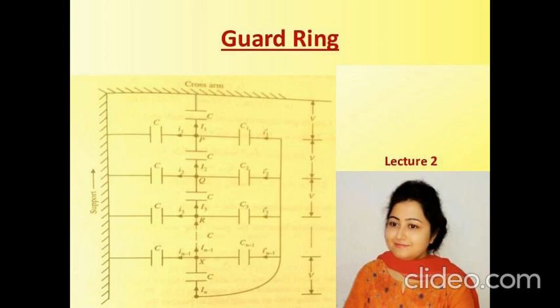It is then possible to cancel the pin to tower charging currents by making the same amount of current flow through the units of identical capacities. That means I1 equal to I1 dash, I2 equal to I2 dash, I3 equal to I3 dash, up to I(n-1) equal to I dash (n-1). Then the voltage drop across each unit is equal.